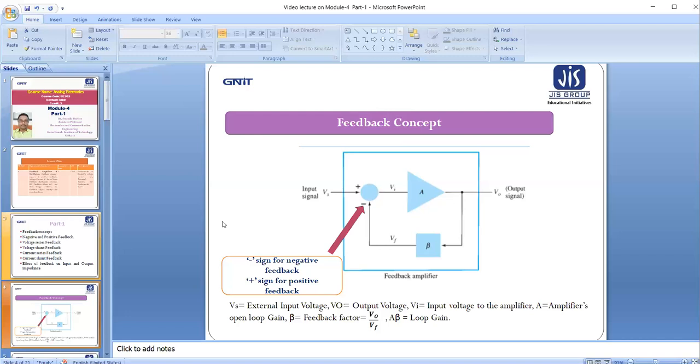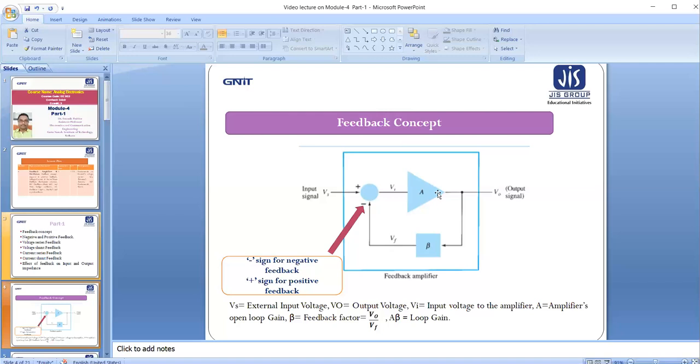So first, we will see the block diagram of a feedback amplifier. The triangular shape symbol is the amplifier. It is our practical amplifier, means it may be a common emitter RC coupled amplifier, a transformer coupled amplifier, a direct coupled amplifier, an emitter follower circuit, or a common base amplifier, whatever it may be.